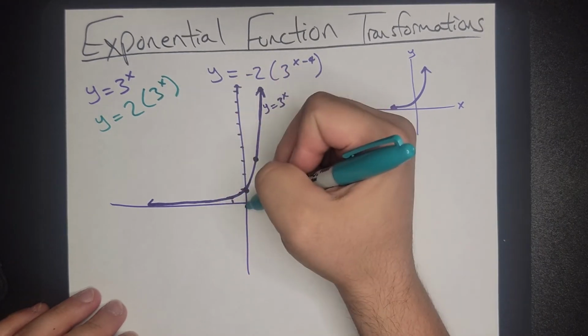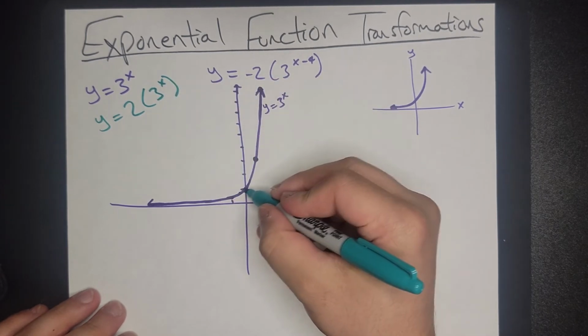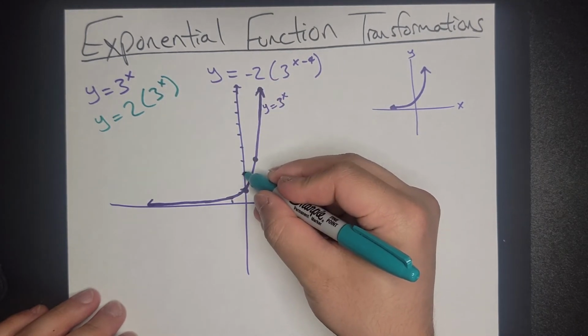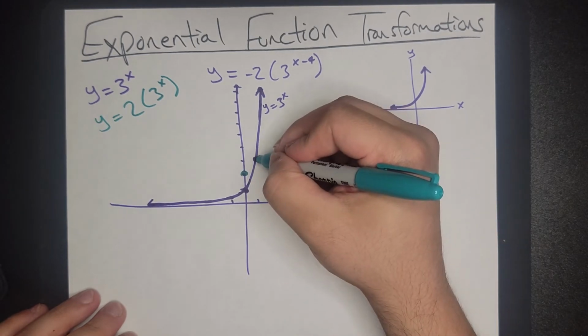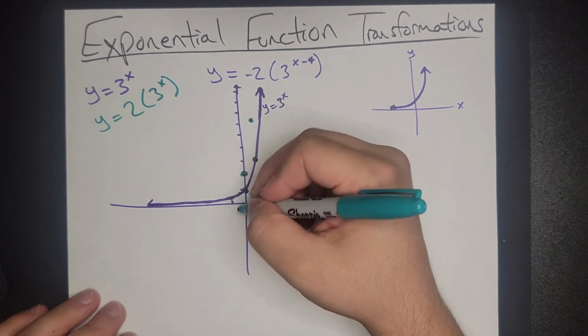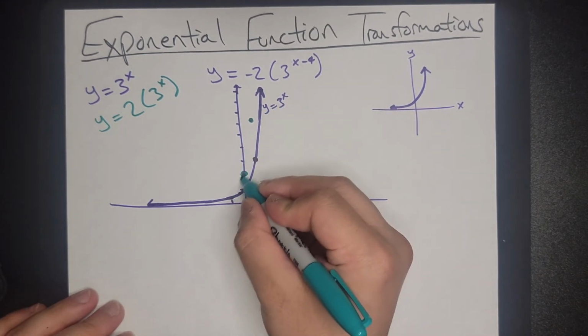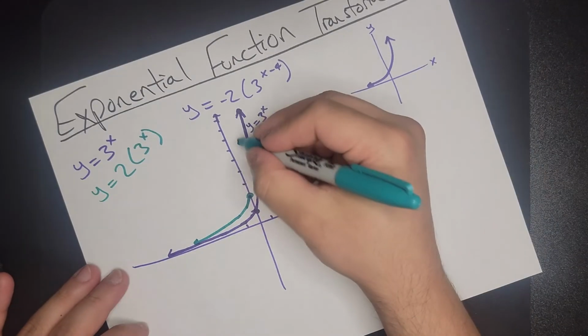So at x equals 0, we had 1, which was here, but now it's going to become 2. So our 3 point will now go to 6, and everything similarly like that. But also it'll still come back like that.